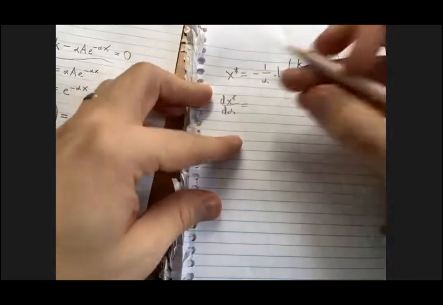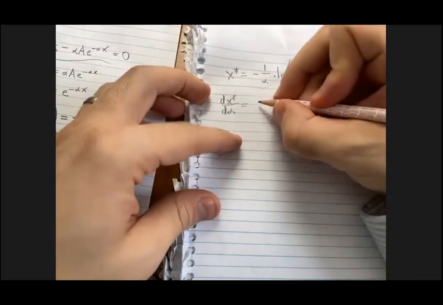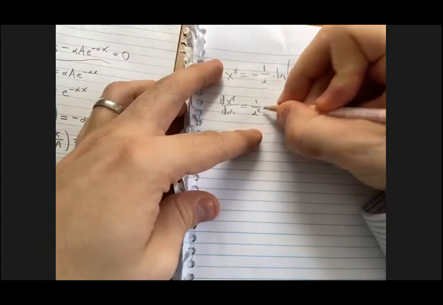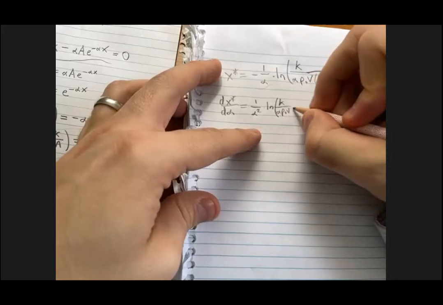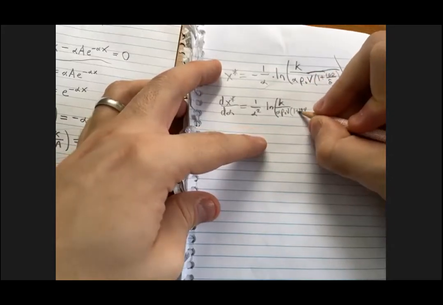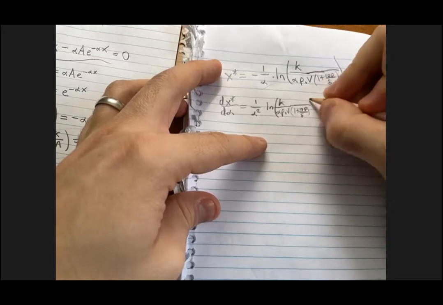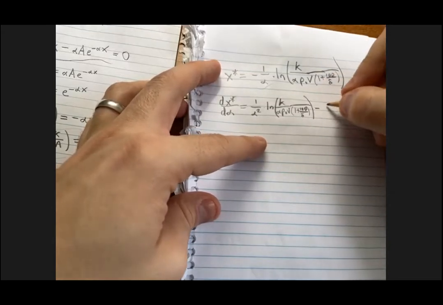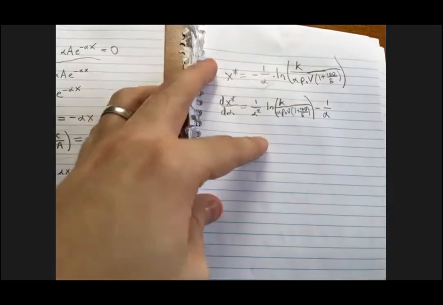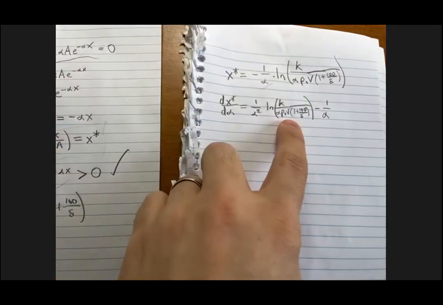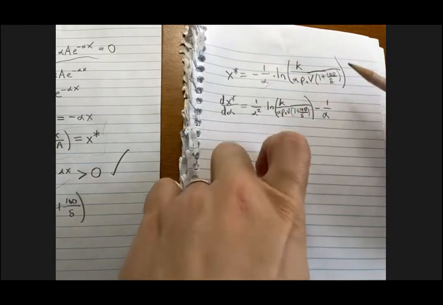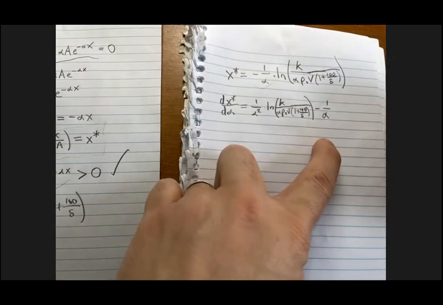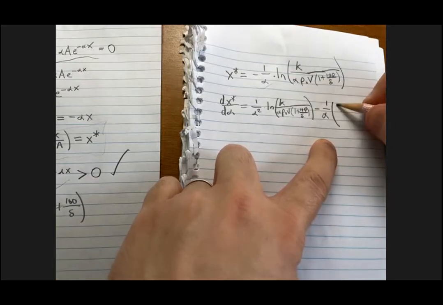Okay, product rule. First, I'm going to take the derivative of this. So that's derivative of the first thing times a copy of the second. Now it's the copy of the first thing times the derivative of the second. The derivative of natural log of something is 1 over that thing. In other words, the reciprocal of what's inside these parentheses. I'm going to write that.